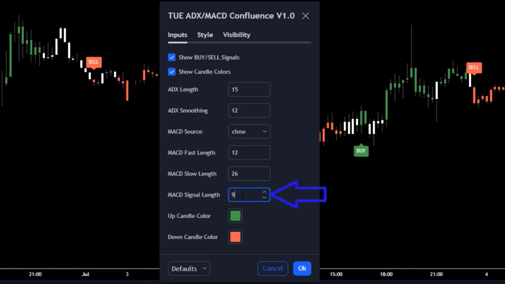It determines the number of periods used to calculate the signal line of the MACD. Increasing this parameter will smoothen the signal line, providing a more stable indicator. Decreasing it enhances the signal line's reactivity to short-term changes. For our strategy, we will increase the MACD signal length to 10 as it aligns well with our approach and enhances the stability of the indicator.